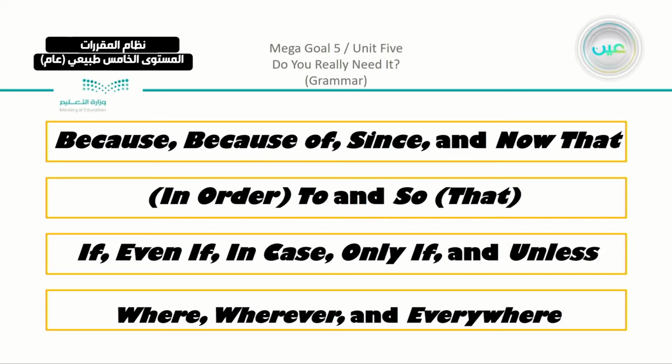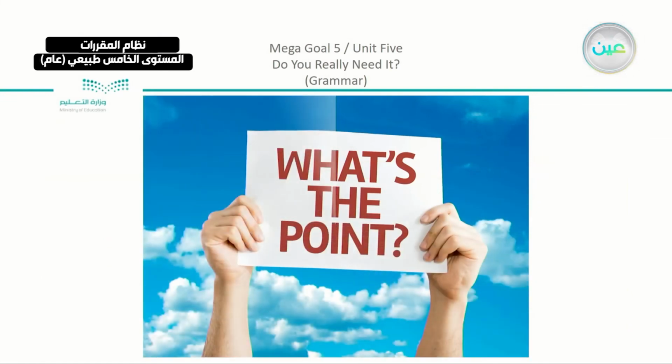The second one, in order to, or we can just say to, so or so that. Then if, even if, in case, only if, and unless. These are five conjunctions together. And here we have where, wherever, and everywhere. This is the fourth. So we're going to see what's the point. Why do we have these divisions between the conjunctions?